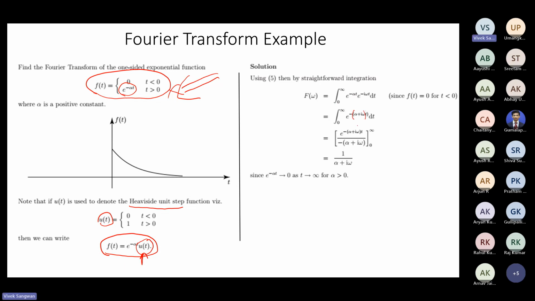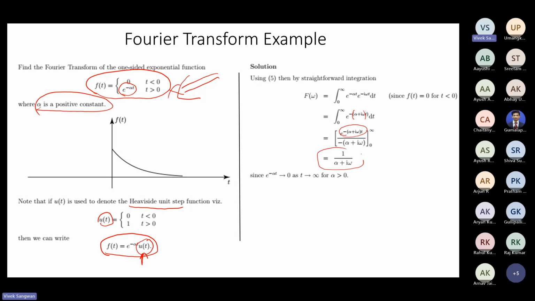So this is a simple integration. You just get the same exponential function again divided by the coefficient of t, and then you put the limits. As t tends to infinity, since it is given in the question that alpha is a positive constant, the first term goes to 0, and at t equal to 0, the second term in the numerator goes to 1.